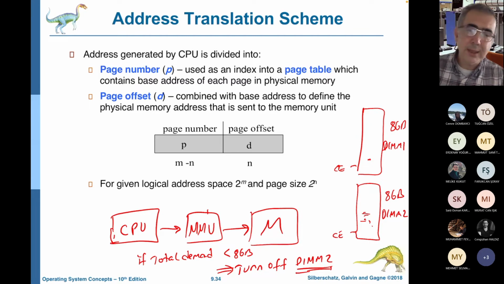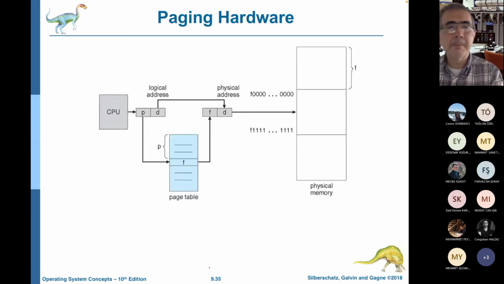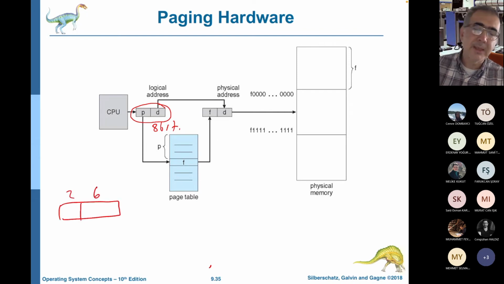So equivalent sizes are used. Let me show it this way. The CPU puts out the address, and the address has a certain first part. For example, if this is an 8-bit address, let's divide that 2 by 6. 2 bits means 4 pages.